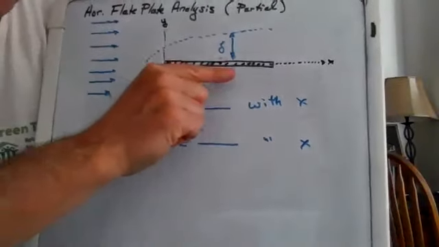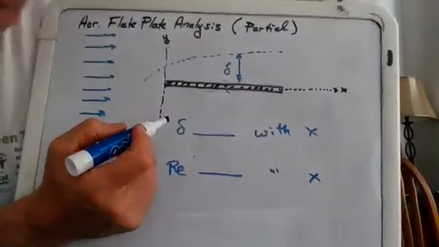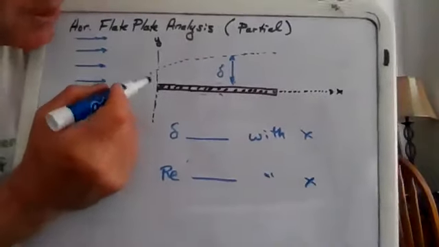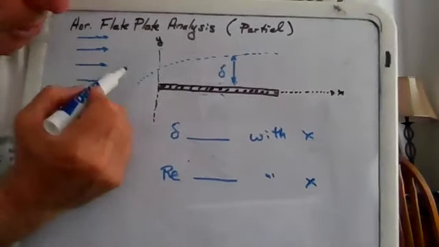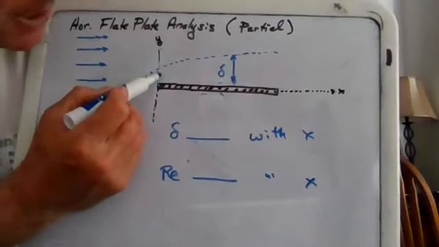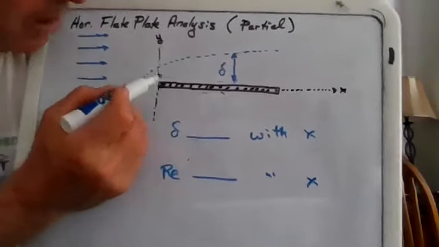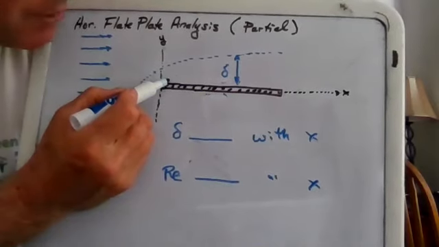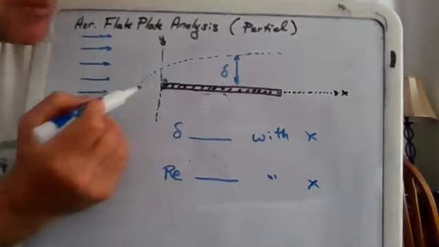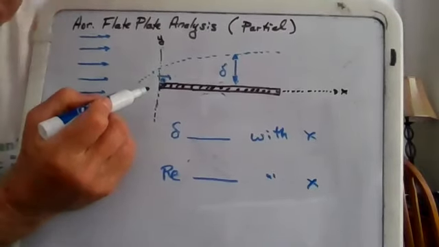And how does it vary as you go further down the plate? I'll ask you to look at the book in a little more detail for this, but really the idea is if you could think about some fluid marching along here, going from the beginning to a foot in, then 2 feet in, then 3 feet in. Well, when it first hits this plate, that's where it first encounters that no-slip condition. And this little bit of fluid here is slowed down.